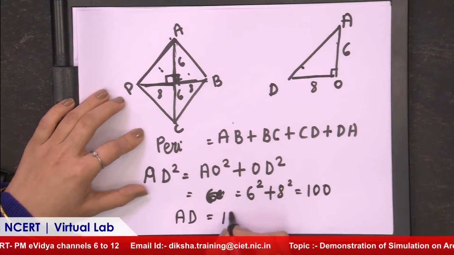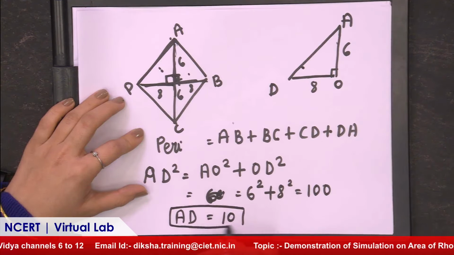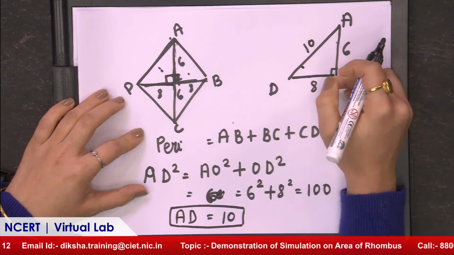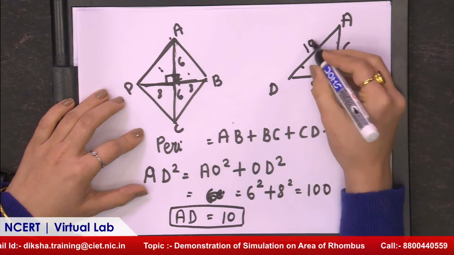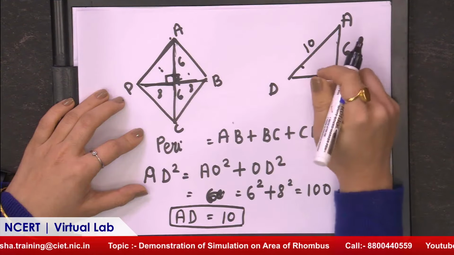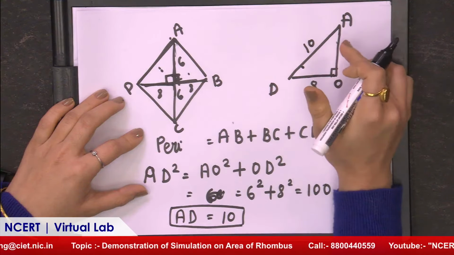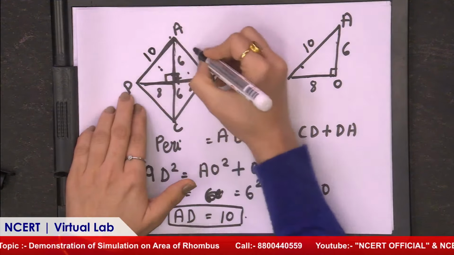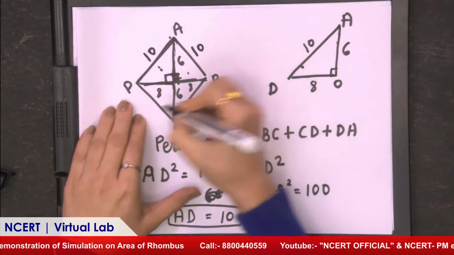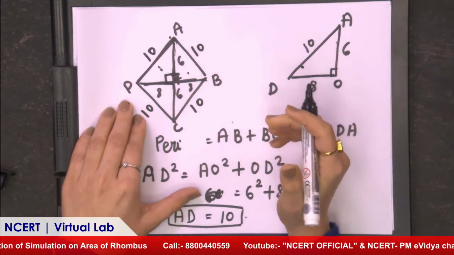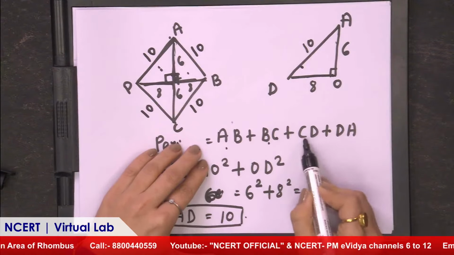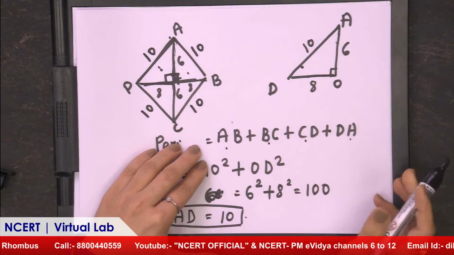So this should be 10, and these are a Pythagorean triplet also. You can directly write that this is 10 because we know that 6, 8 and 10 are a Pythagorean triplet. So AD is 10. This is 10 centimeter, this is 10 centimeter, this is 10 centimeter. So what is the perimeter? Perimeter should be 10 plus 10 plus 10 plus 10 equals 40 centimeter.